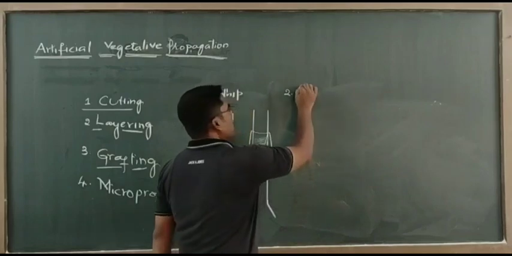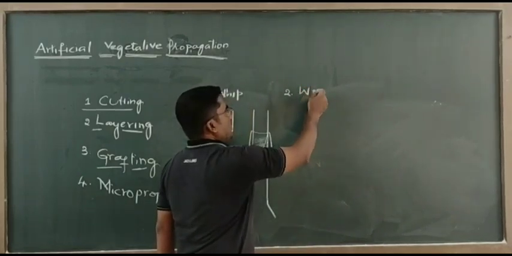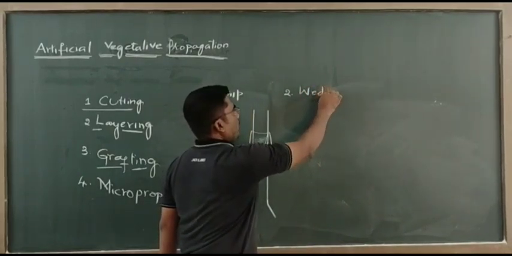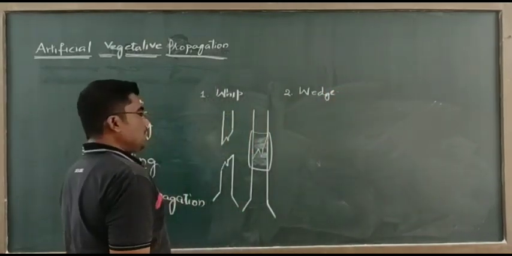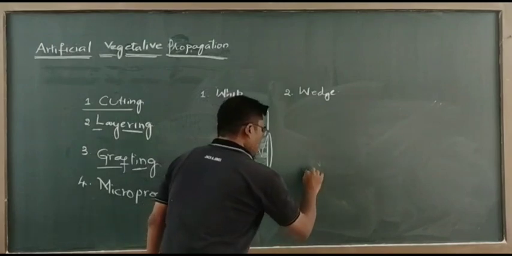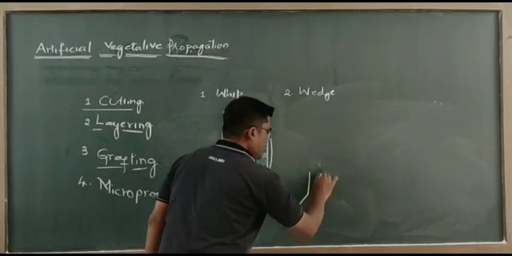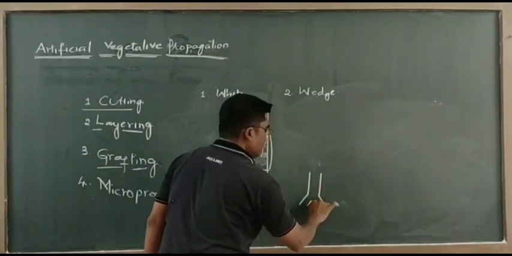The second method is wedge grafting. In the wedge method of grafting, this is the stalk.